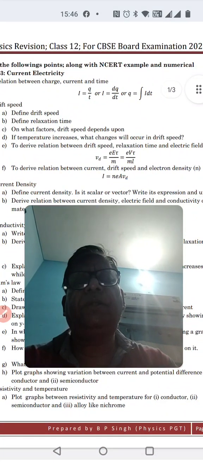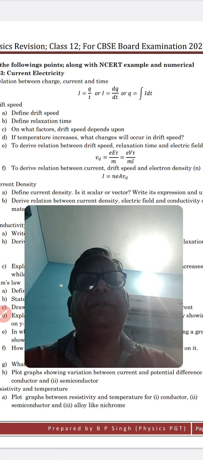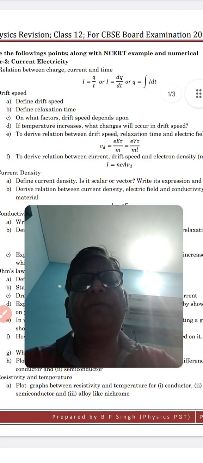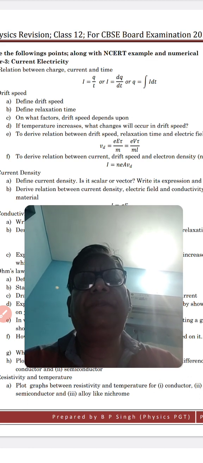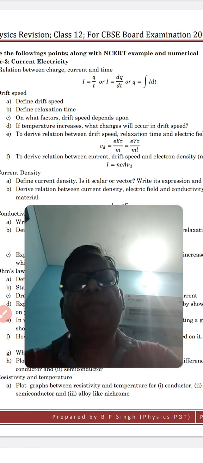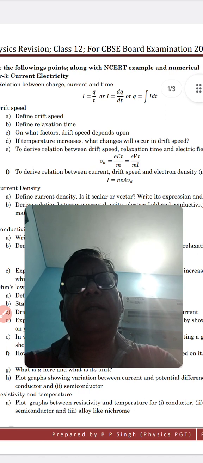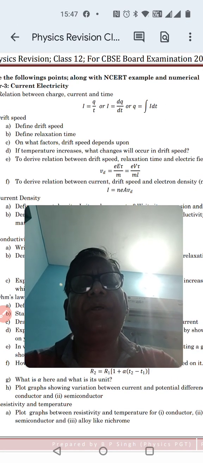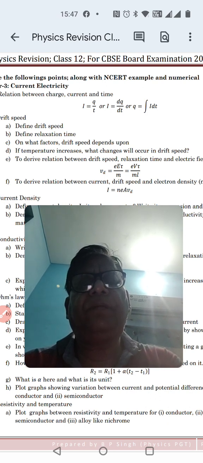To derive the relation between drift speed, relaxation time and electric field as Vd equal to small e, capital E, tau upon small m. Here small m is the mass of an electron, and this one small e is the charge of one electron, that is 1.6 into 10 to the power minus 19 coulomb.